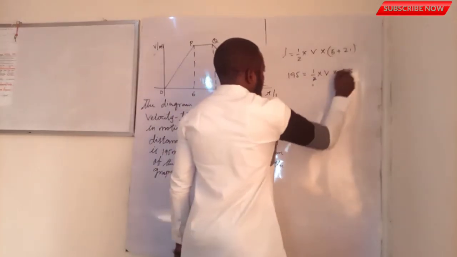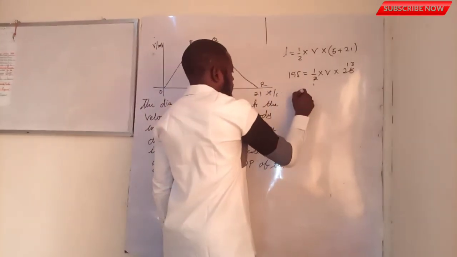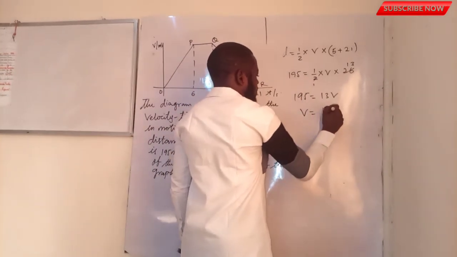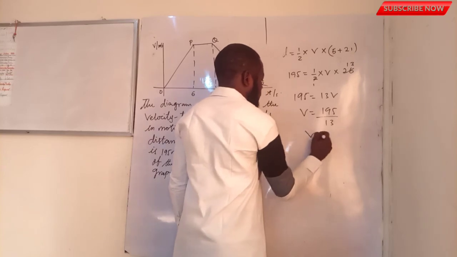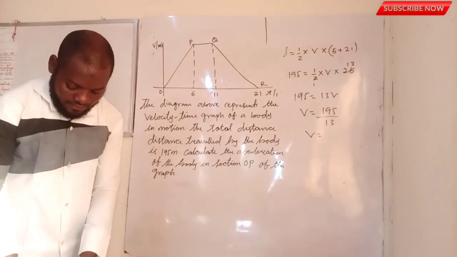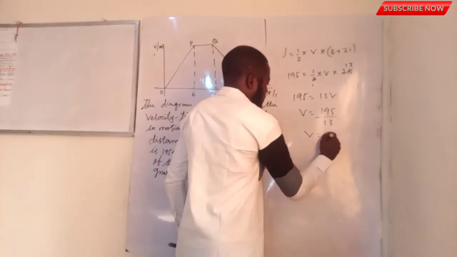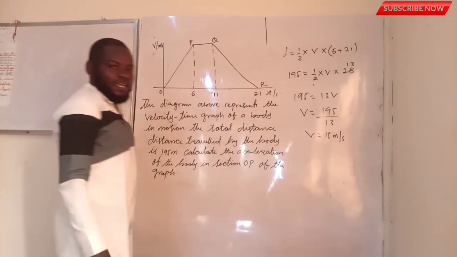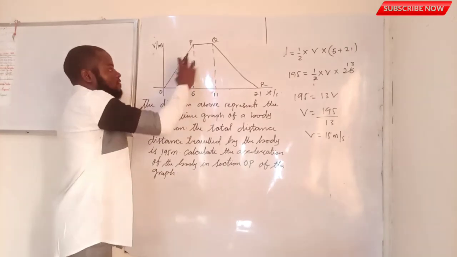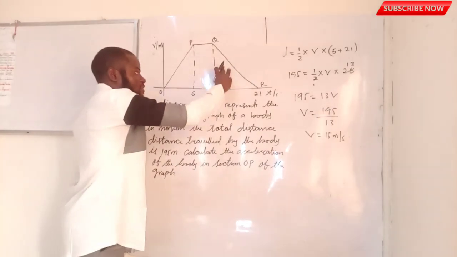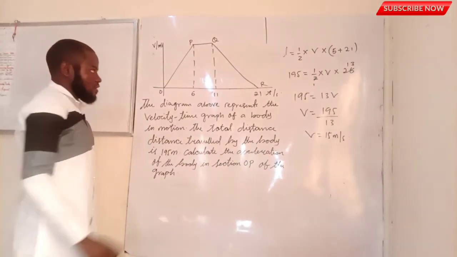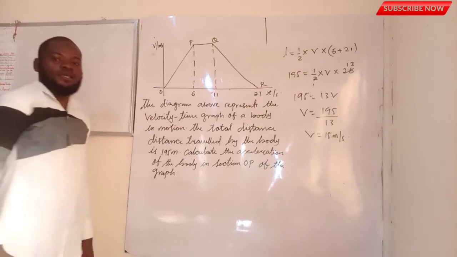So 2 here, 1, 2 here is going to be 13. So 195 is 13v, so v is 195 divided by 13, that's 15 meters per second. If you like, you can just do the summation of the area of this triangle plus that of this rectangle plus that of this triangle. You should end up with the same result, 15 meters per second, because this shape is also a trapezium.